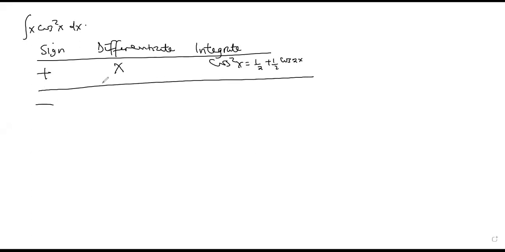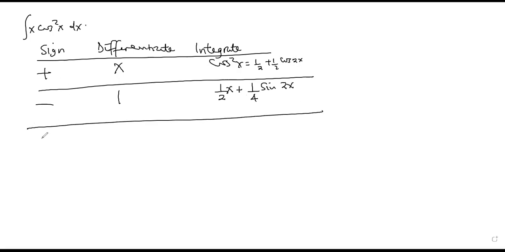Then we say minus, we differentiate x, we get 1. And if we integrate this, we shall get a half x plus a quarter sine of 2x. We change sign positive. When we differentiate here, we shall get 0. And when we integrate this one, we shall get a quarter x squared minus 1/8 cos twice x.